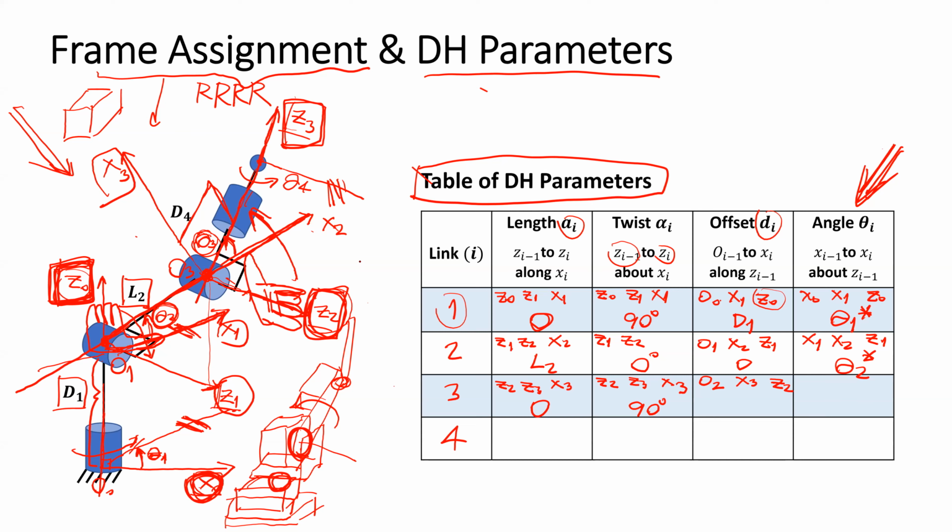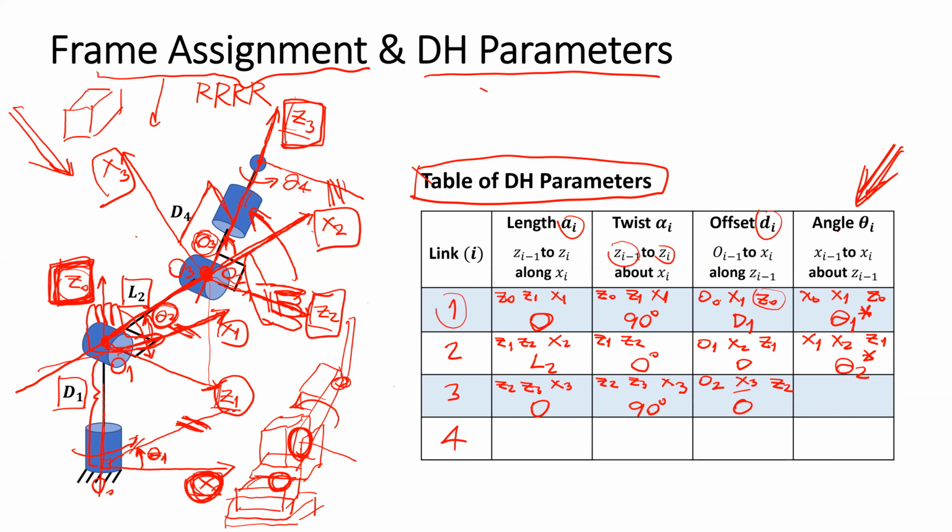X2 is this axis. C2 is this axis. So O2 is also at this point, and O2 is already on X3. So the offset will be 0.